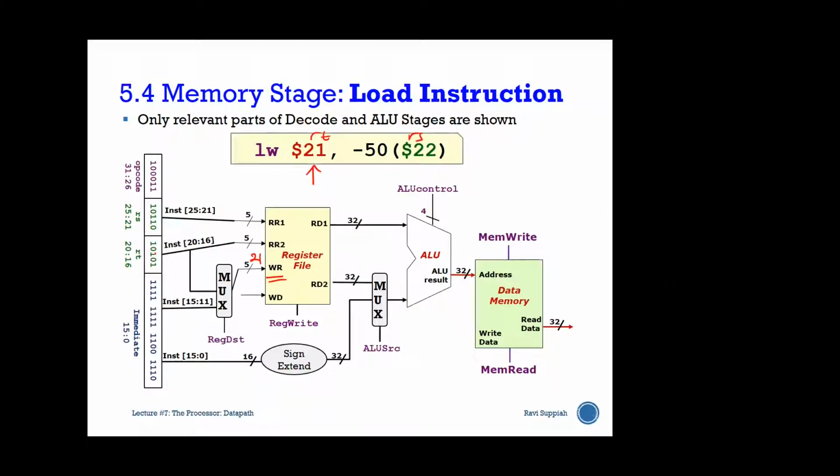So where is 21? When I look at this instruction, RS comes here, 21 comes here. Since 21 is also connected here, this register destination must make sure that 21 is the one selected to come here.